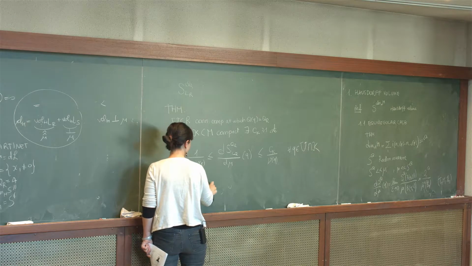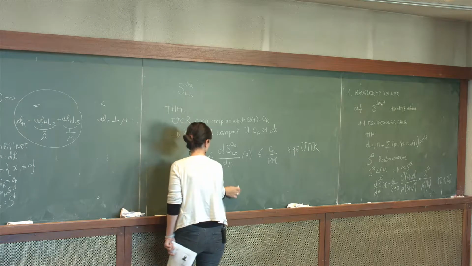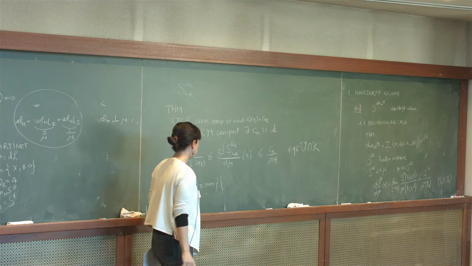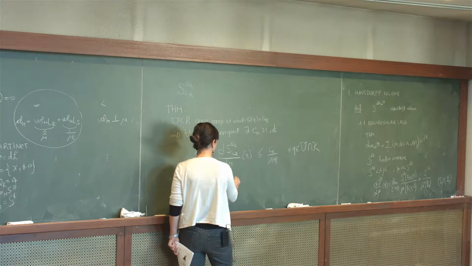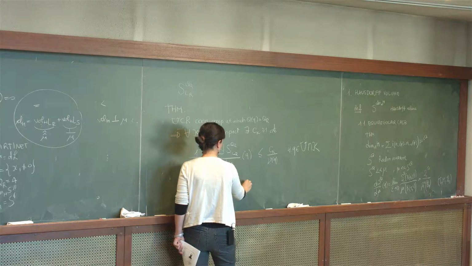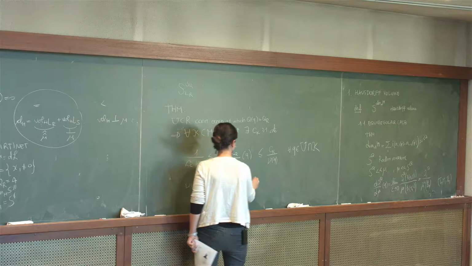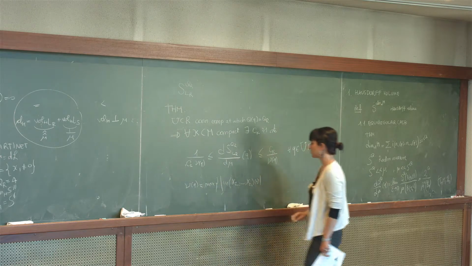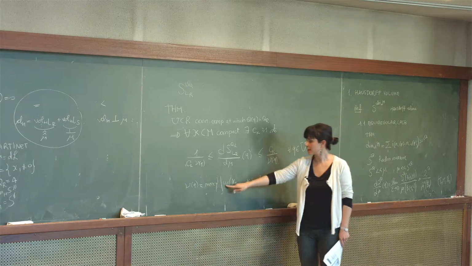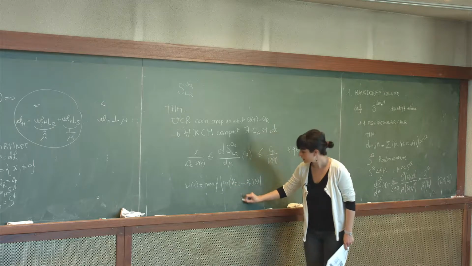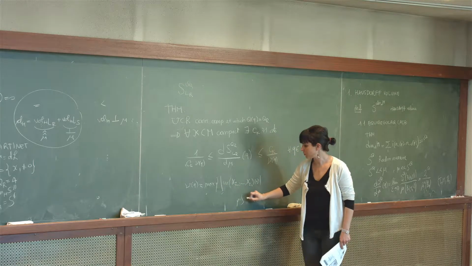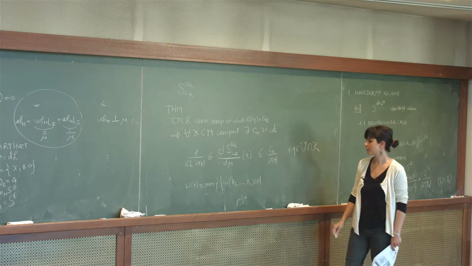It is the maximum of the absolute value of omega of xi_1, ..., xi_n at Q, where this omega is the one defining mu, the one such that mu is equal to the integral of omega.